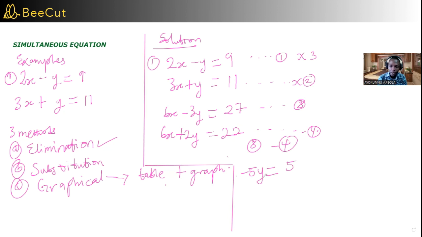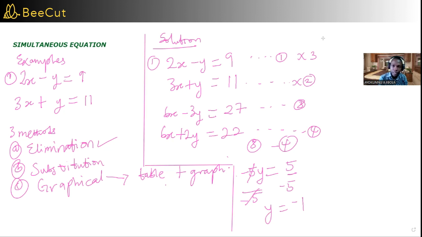So y is what I'm looking for. You divide by negative 5, you divide by negative 5. Then you can say y equal to negative 1 because you are dividing by negative 5 here. So 5 over 5 is 1, then the minus that is there. Now, we have found y.